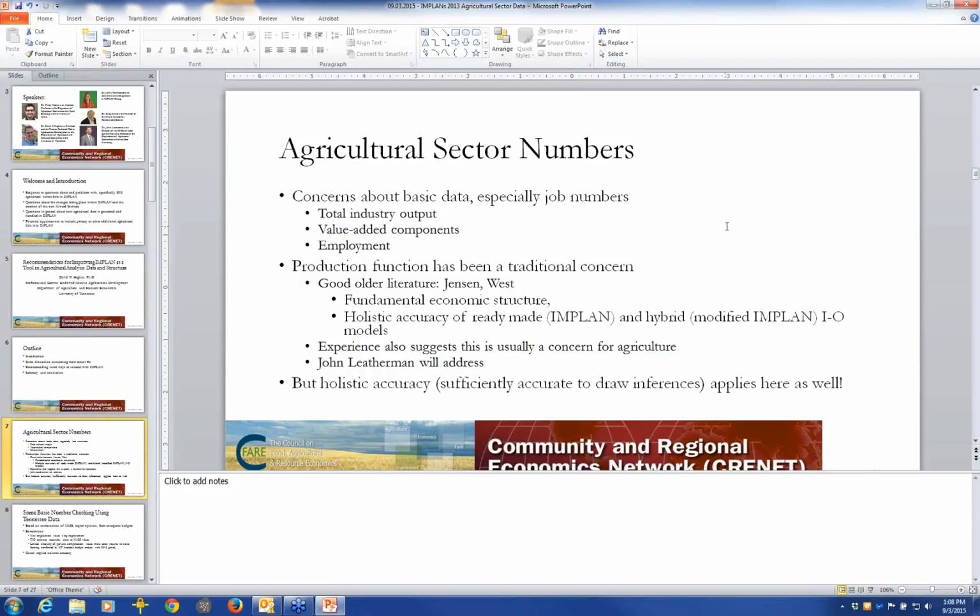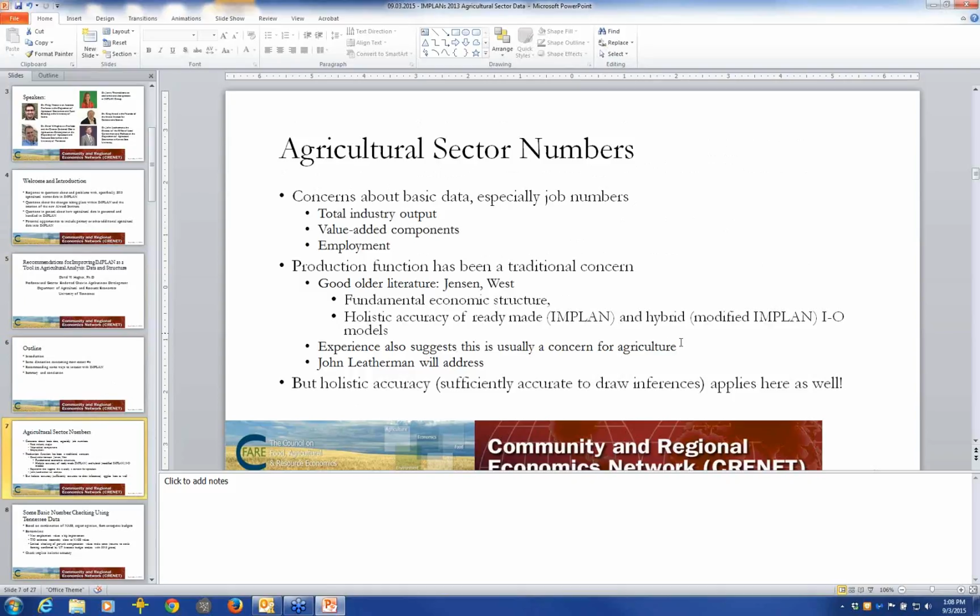Holistic accuracy says that individual cells in your tables, for example, individual values, don't have to be exactly right, but the model itself needs to be sufficiently accurate to drive policy inferences. And that's really what we've got to keep in mind when we're using these models.